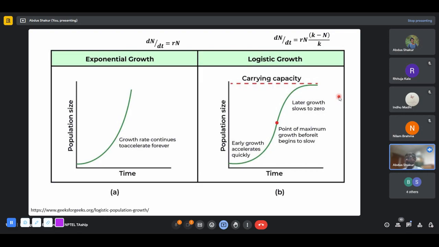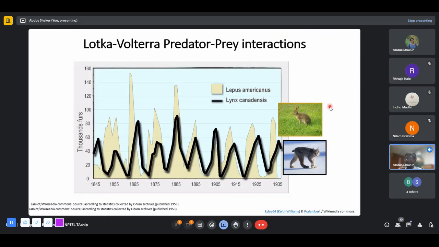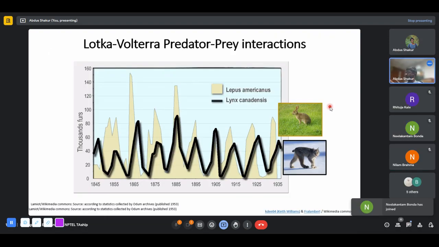And not only these things, these population growth models are also used to understand how two species interact with each other. Those two species can be a predator and a prey, or two different competitors.